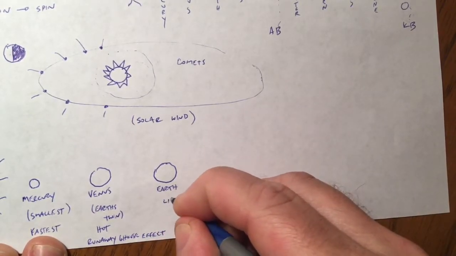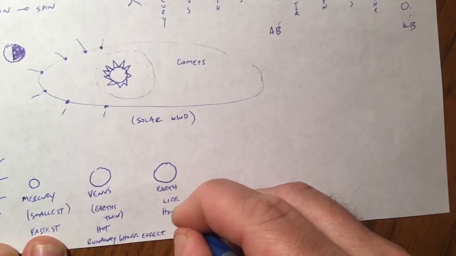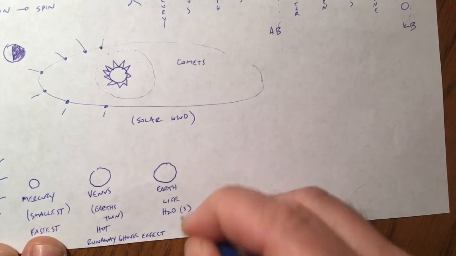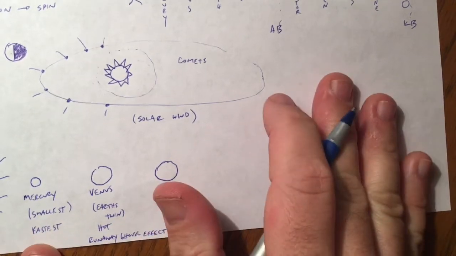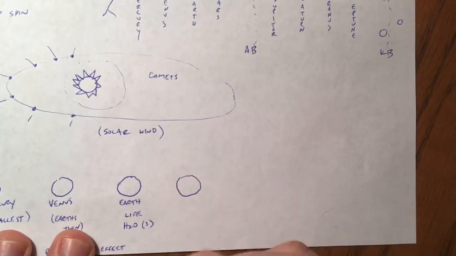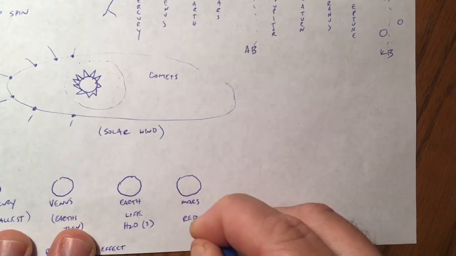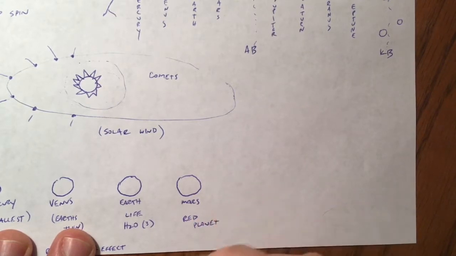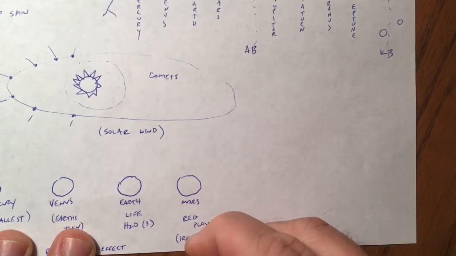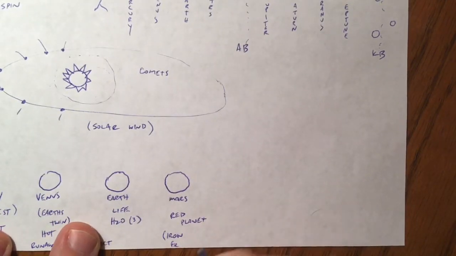Earth, as you know, has life, such as us, and water in all three phases. Mars is next. Mars is called the red planet, and that's due to iron, the element Fe, in its crust.